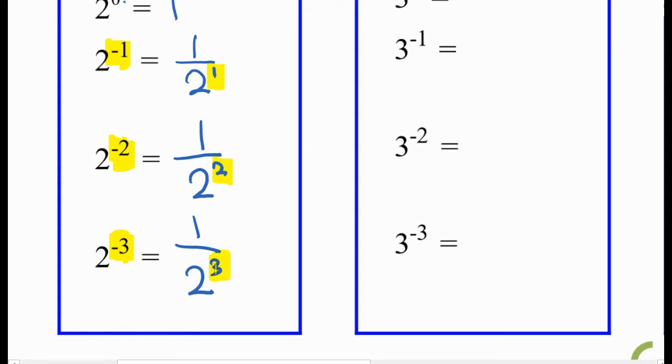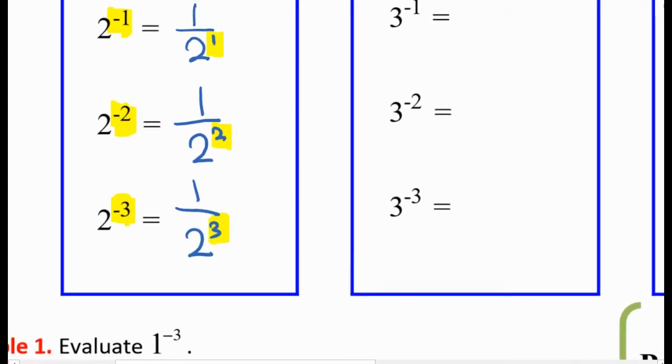So do you guys see any pattern? I see the pattern. So when you have 2 to the power of negative 5, what do you have? That is 1 over 2 to the power of 5. Is that right? So basically, when you have 2 to the power of negative n, that is 1 over 2 to the power of n.